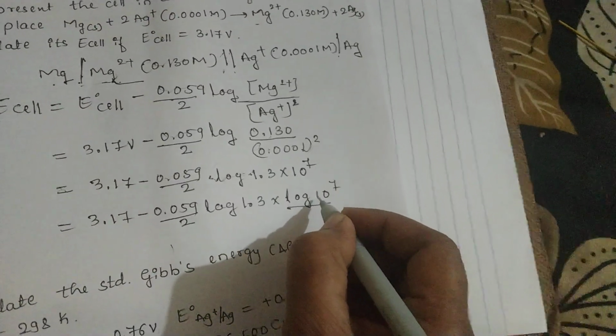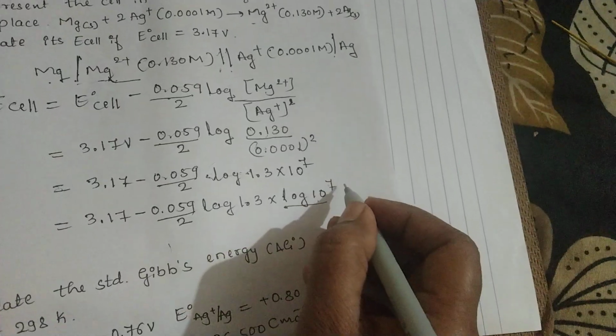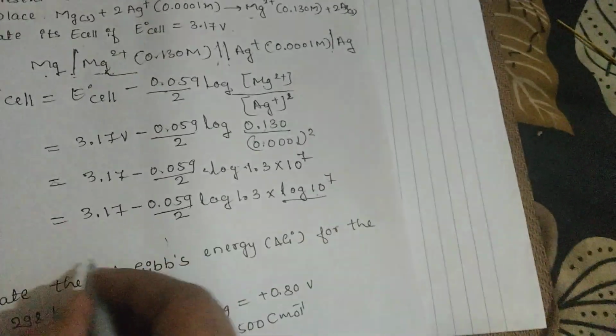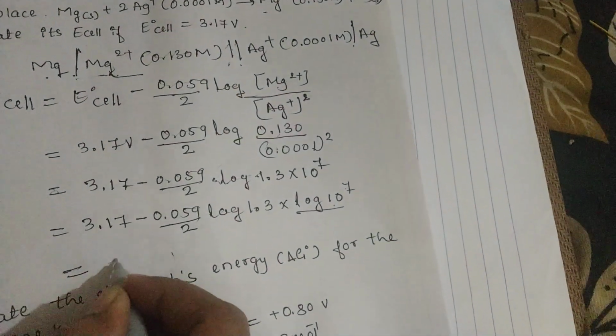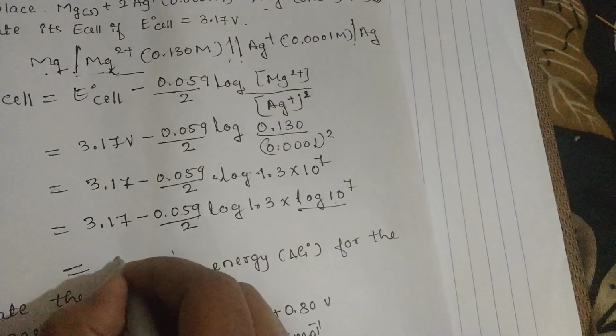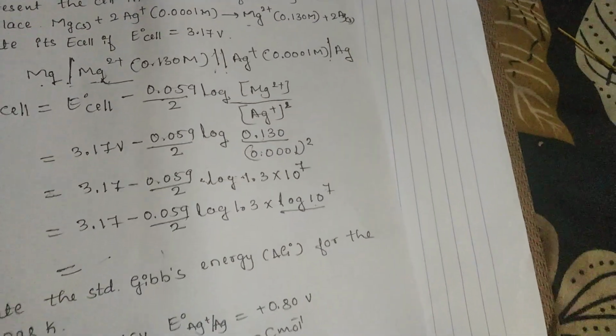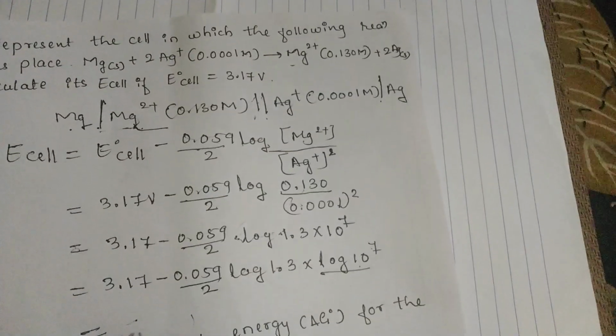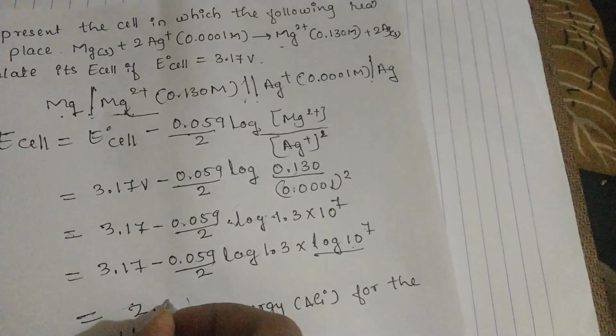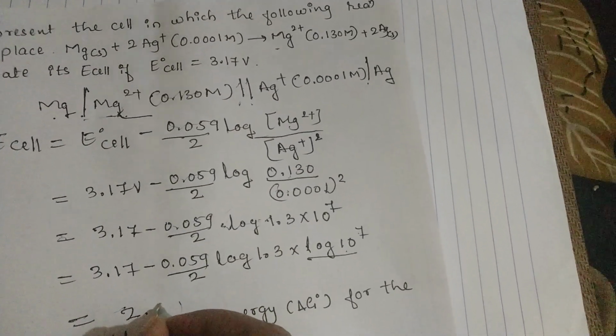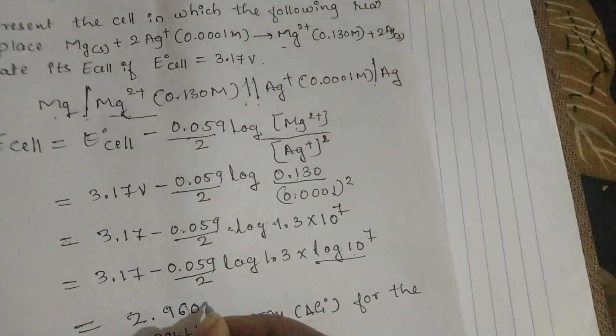Again we can take log of A raised to B as B into log of A. So after simplifying and calculating you will get the value. Here I will directly write the value, 2.960 volt.